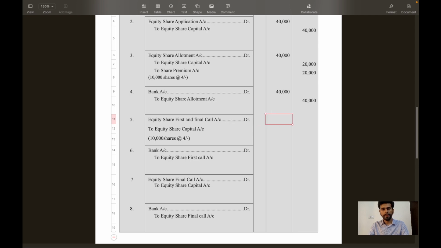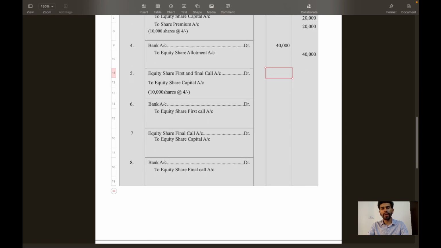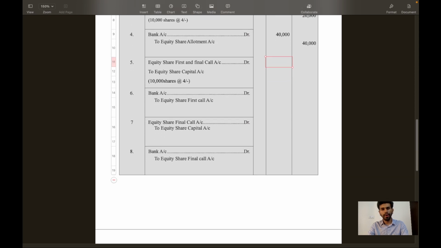So entry will be equity share first and final call account debit to equity share capital account. Amount will be 40,000 rupees on the debit side and 40,000 on the credit side. Narration: being first and final call due on 10,000 equity shares.